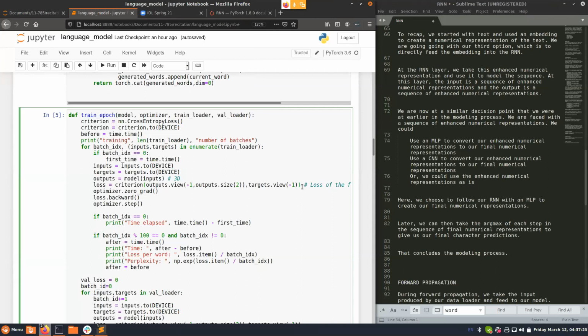We can concatenate them and then look at, for each time step, how that compares to what we expected to get.